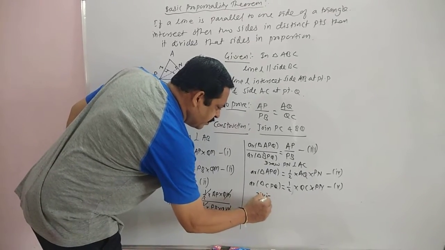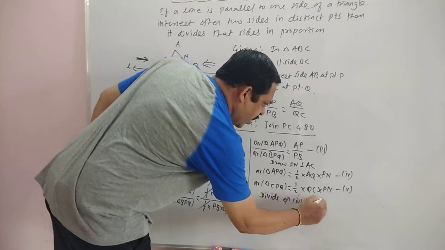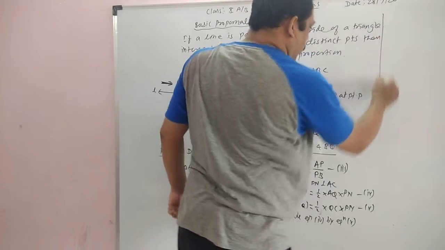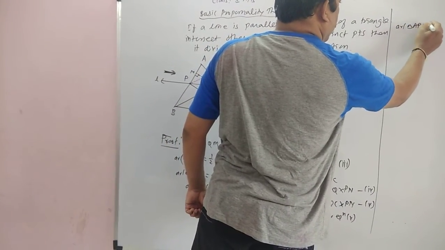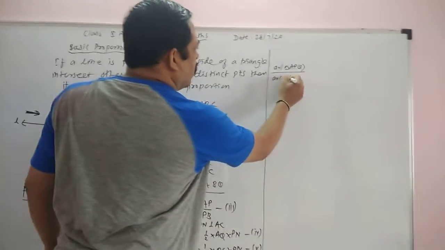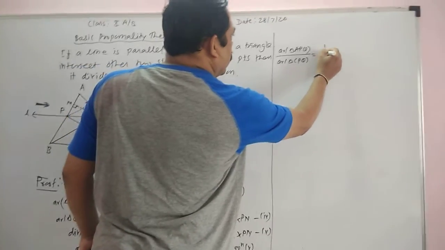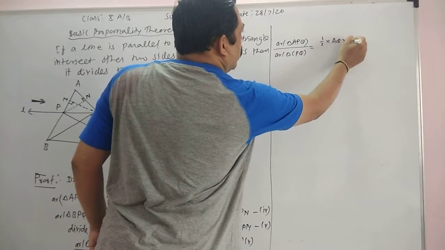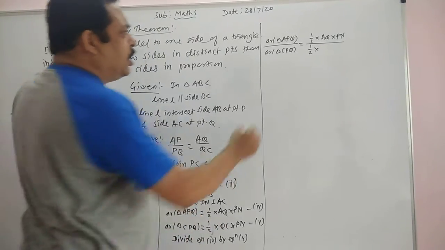Divide equation 4 by equation 5. We get area of triangle APQ upon area of triangle CPQ equal to 1 by 2 AQ into PN upon 1 by 2 QC into PN.